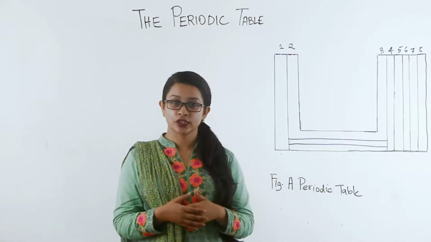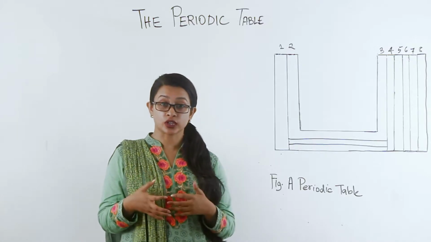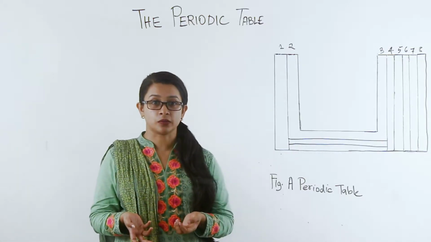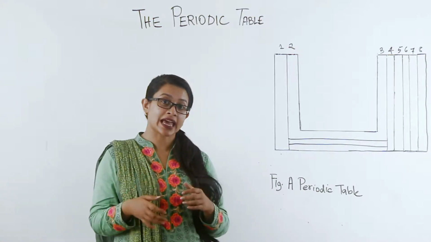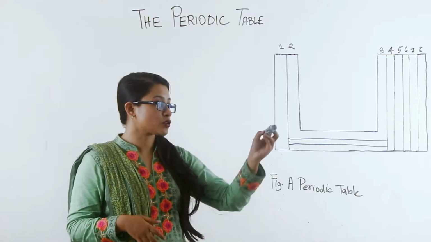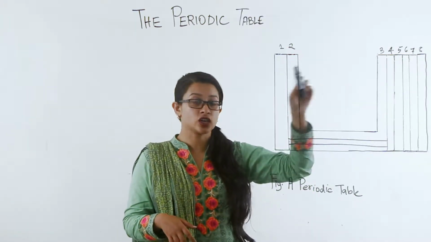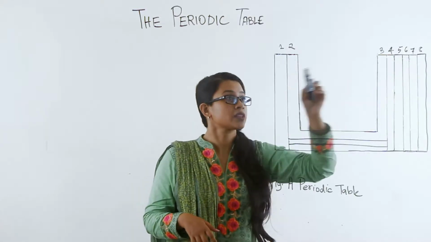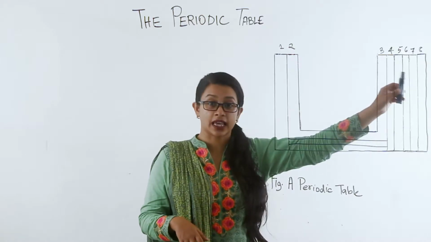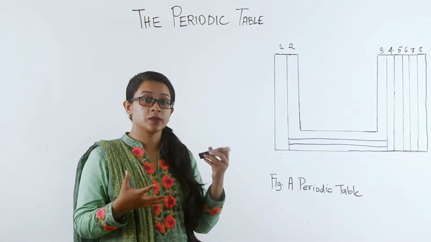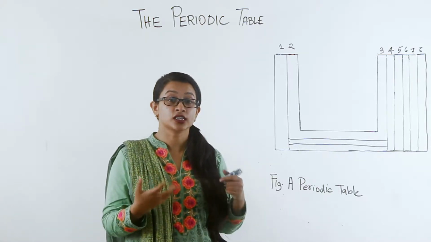So in a periodic table, the elements are arranged in the order of their proton number, that is their atomic number, and then they are put in horizontal rows known as periods. So if you move from left to right along these horizontal rows, the elements are arranged according to their atomic number.